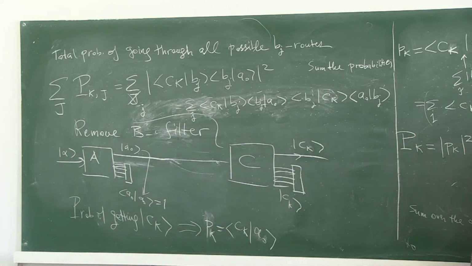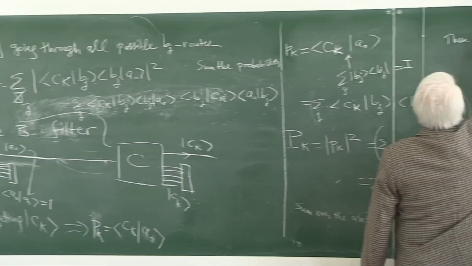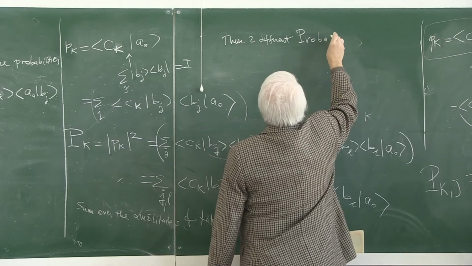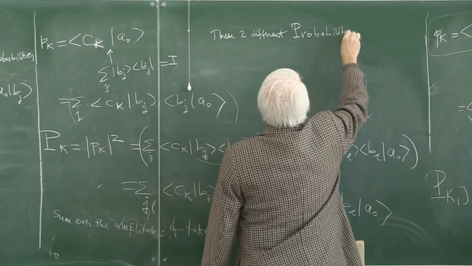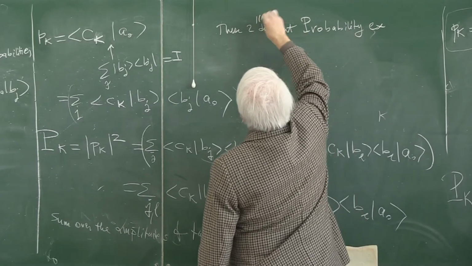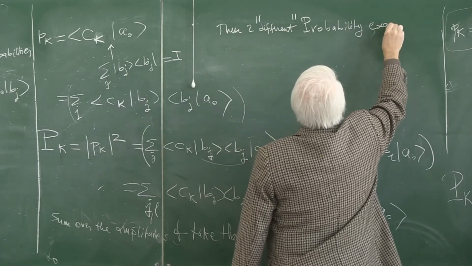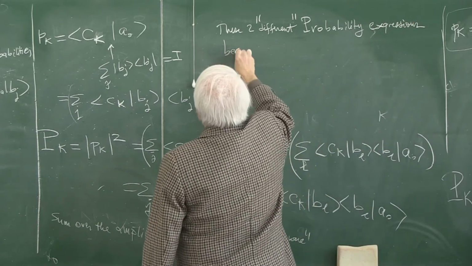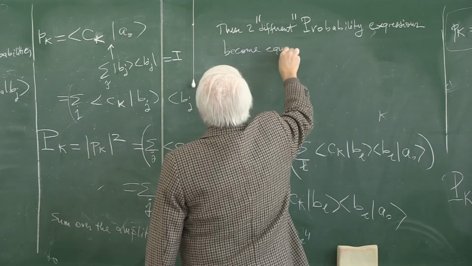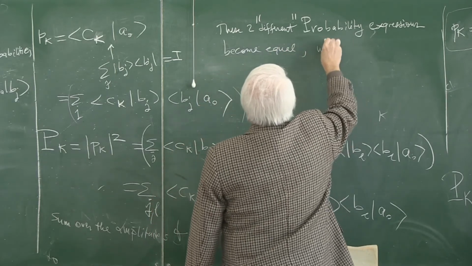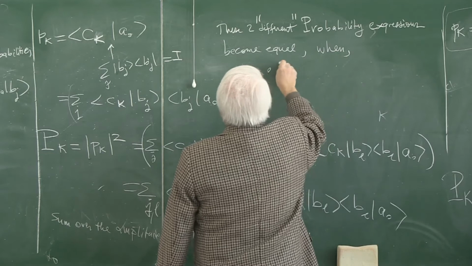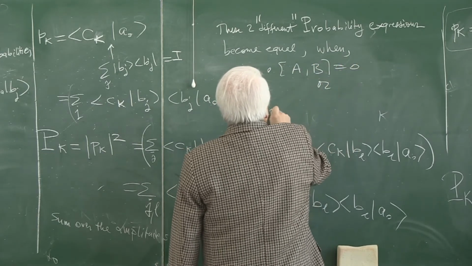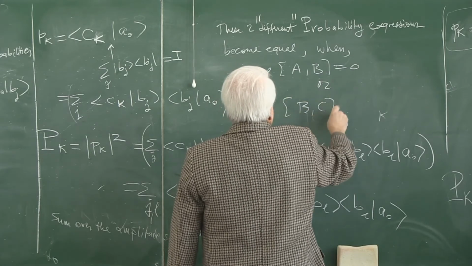these two different probability expressions become equal when either A and B are compatible or B and C are compatible.